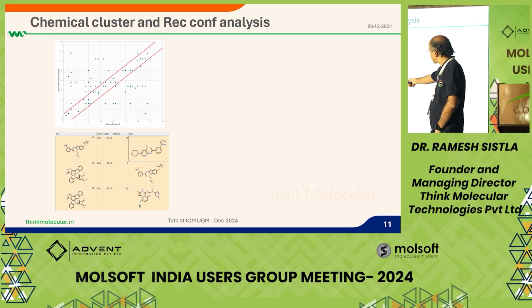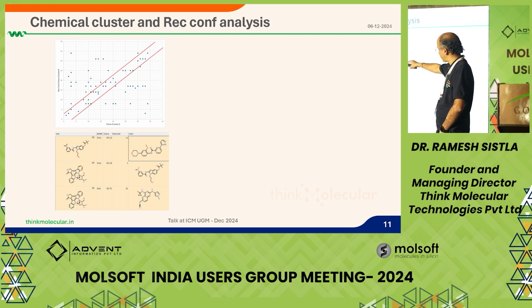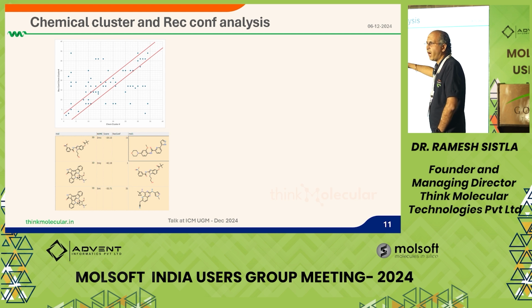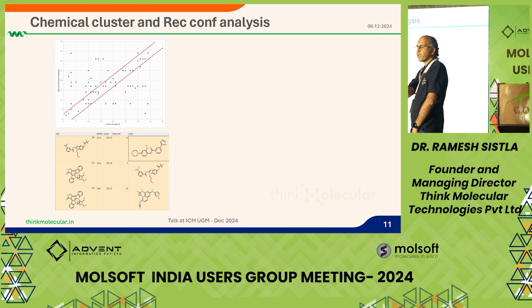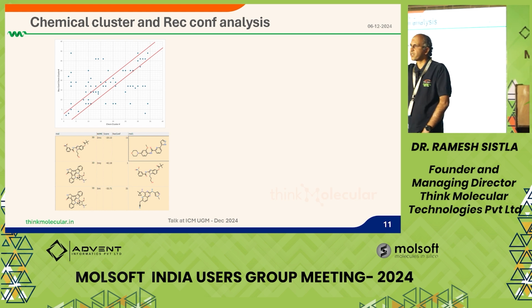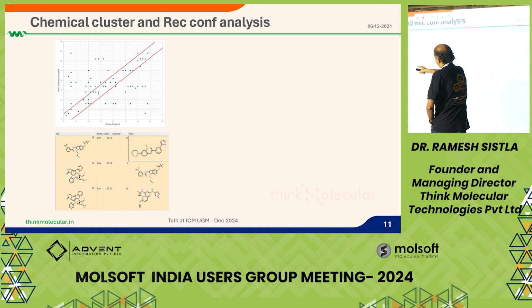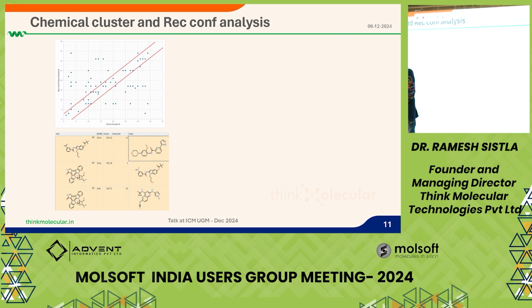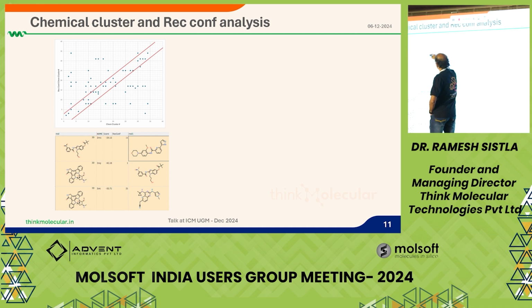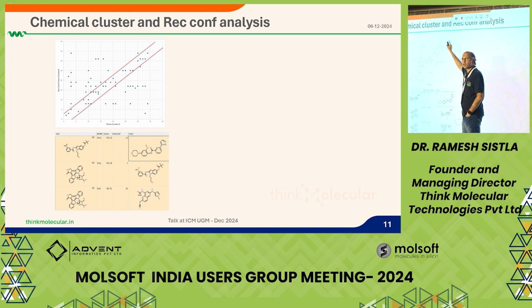So on the x-axis you have the chemical cluster, the representative of that particular chemical cluster that picked up a certain receptor conformation. To which chemical cluster did the receptor conformation belong? Ideally, if every chemical cluster picked the receptor conformation it belonged to, you would have a pretty good diagonal line where all the points would stack up along the diagonal.